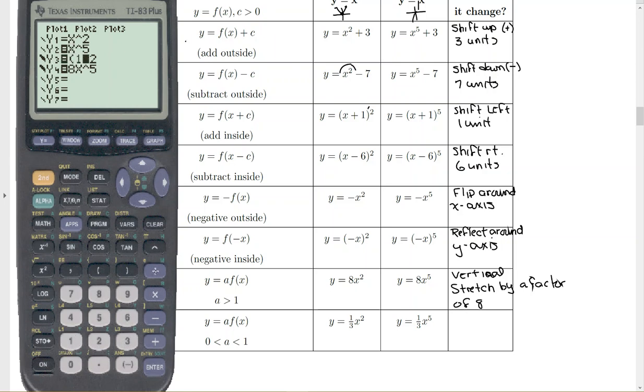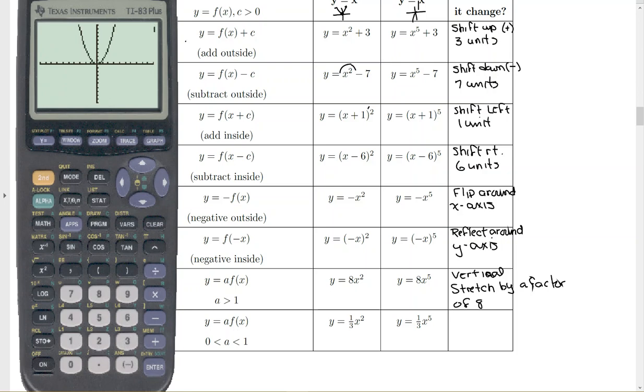Do 1 divided by 3, and then do x squared. All right, so I want the original. I'm going to turn this one off, and that one off. All right, so the lighter colored one going in is going to be the original x squared. The one that's going to be a little bit darker is the 1/3, and we'll see what the difference is here.